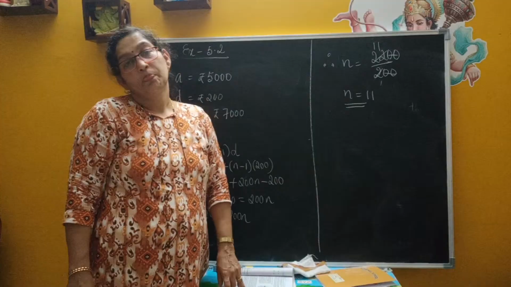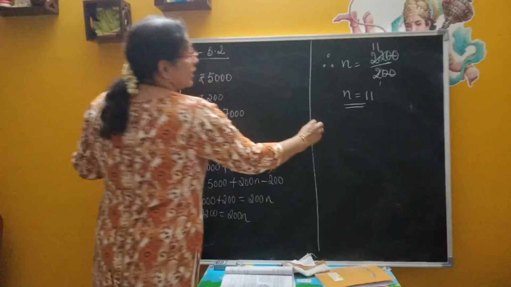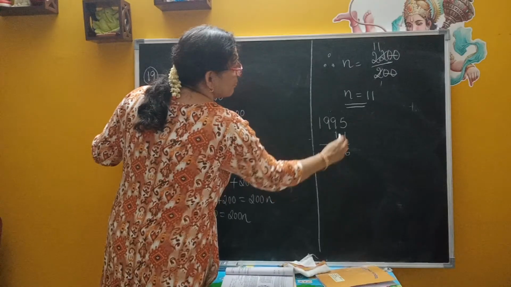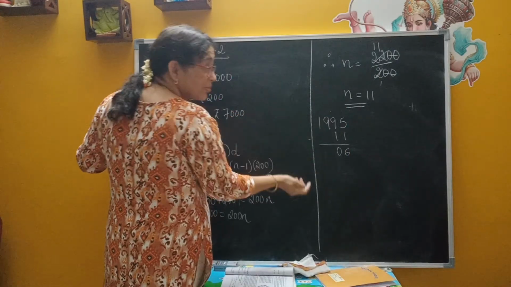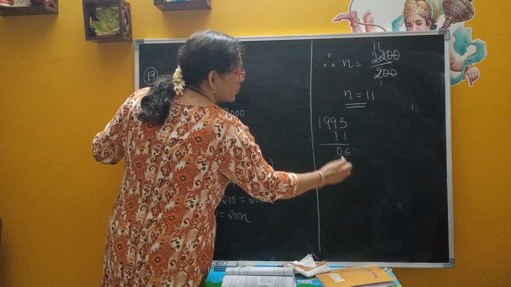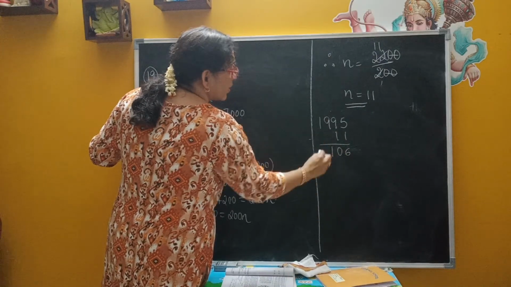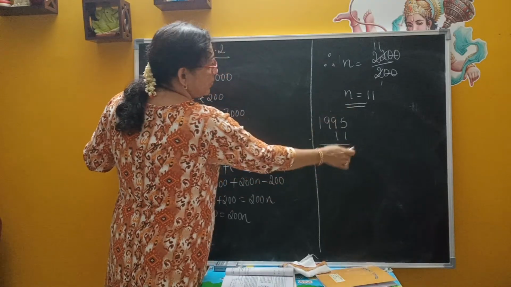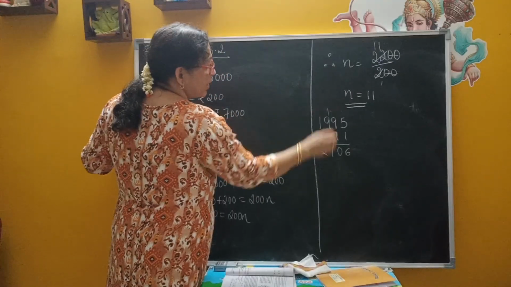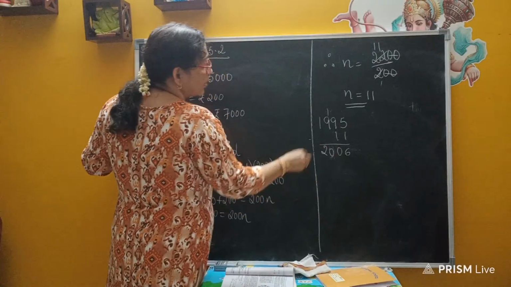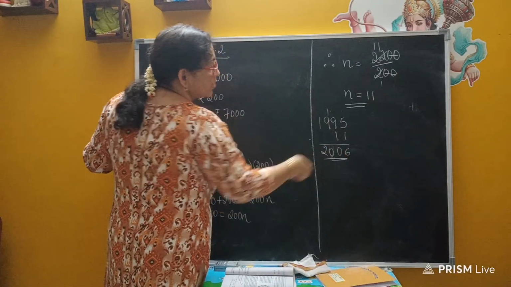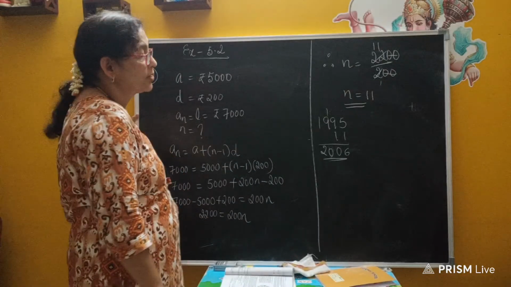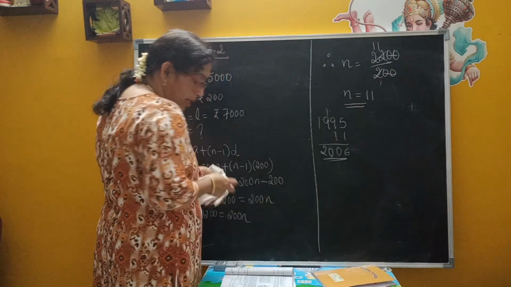How much do we get? 5 plus 1 is 6, 9 plus 1 is 10, 1 plus 1 is 2. It is 2006. So copy the answer and write the conclusion.